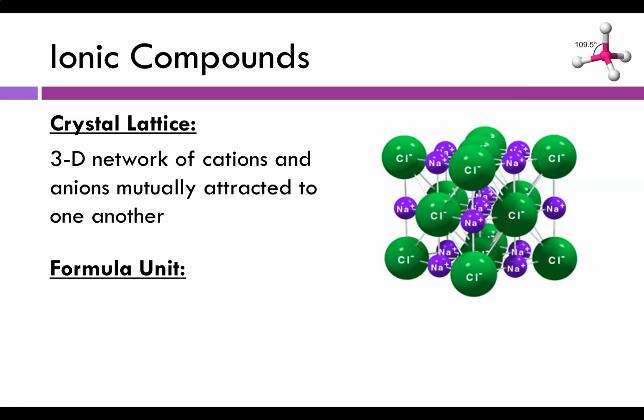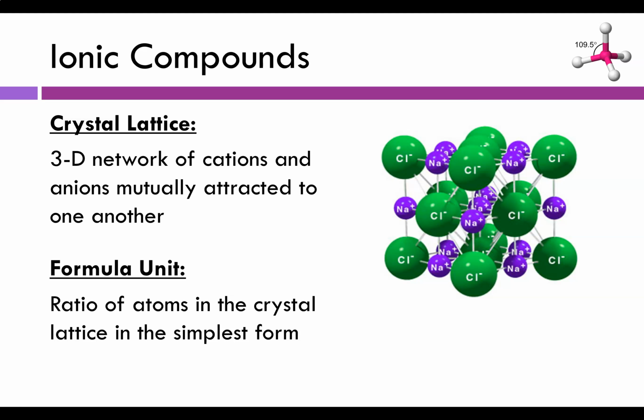We would never try to write all of this out as a formula to account for every single ion. I wouldn't have to count 1, 2, 3, 4, 5, and so on and so forth. Chlorides do the same thing with the sodiums and end up with huge subscripts. Instead, we use formula units, which just tell us the ratio of atoms, or more technically ions, in the crystal lattice in the simplest form.